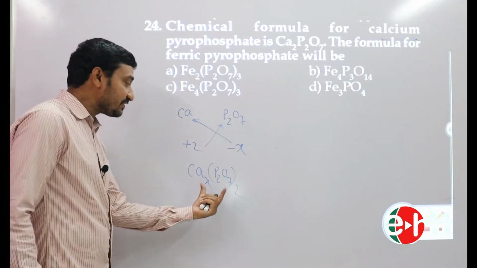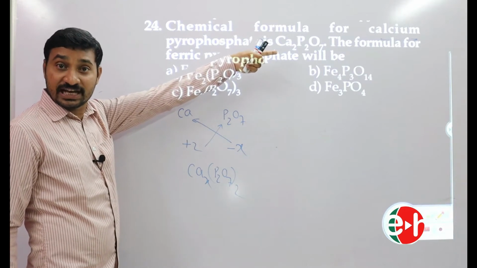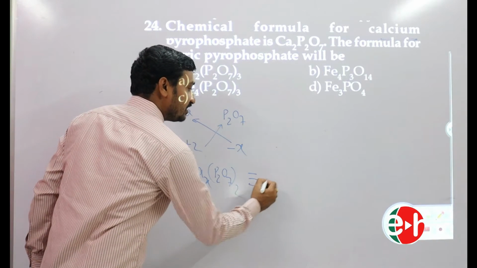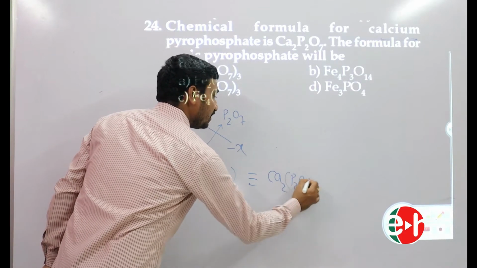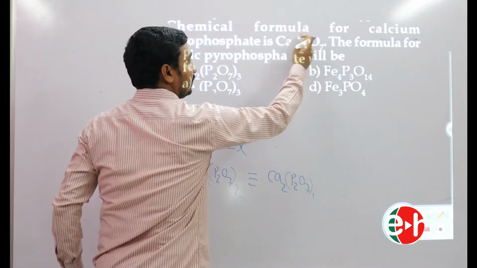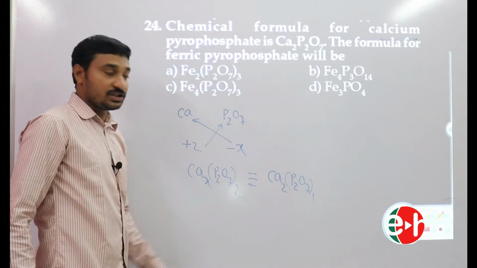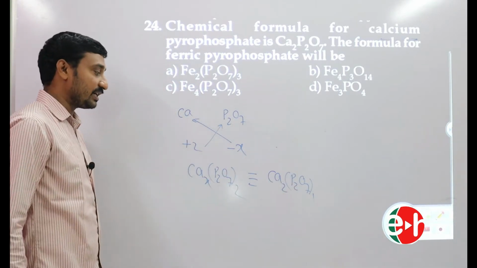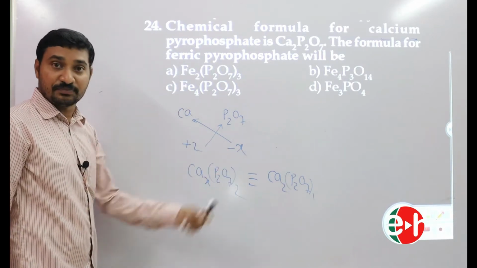But the calcium pyrophosphate formula is given: Ca2P2O7, where P2O7 has no number, which indicates 1. So Ca 2, P2O7 1 time. This ratio must be equal to this ratio, as we discussed before.